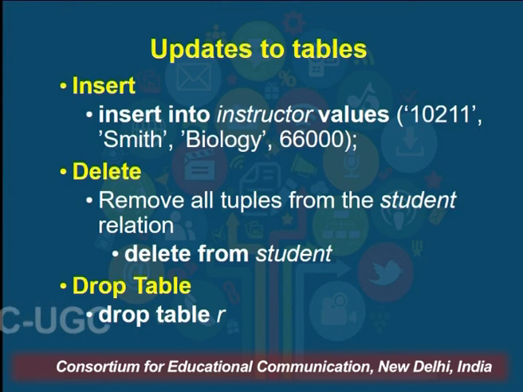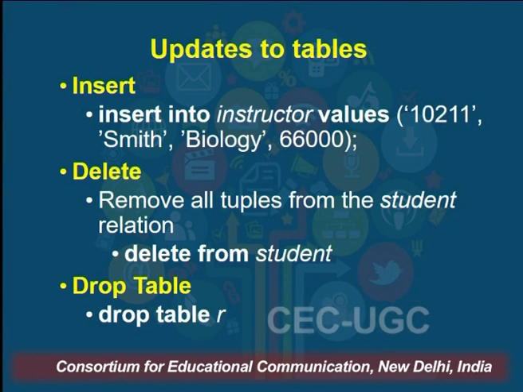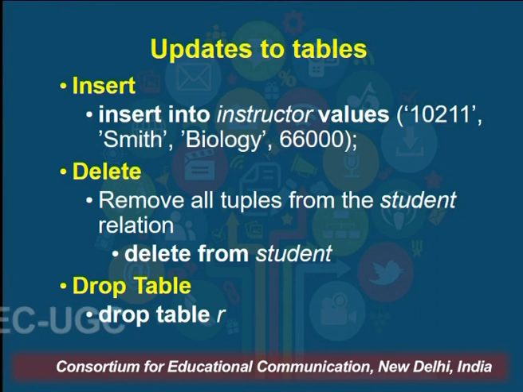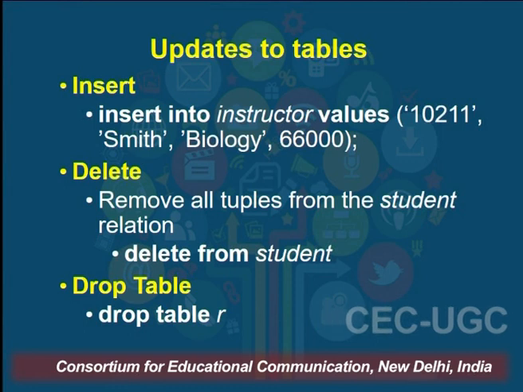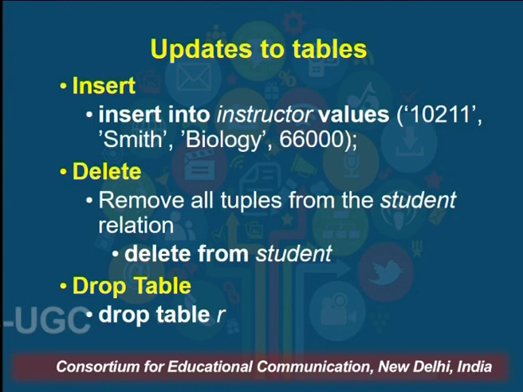For example, 10211 will be taken as ID, then name as Smith, then department name is biology, and please remember that this department name is actually a foreign key referenced from the table department. And then we have the salary. So insert into instructor values and then the appropriate values within the parentheses. By this we can insert as many tuples as we want in our tables.